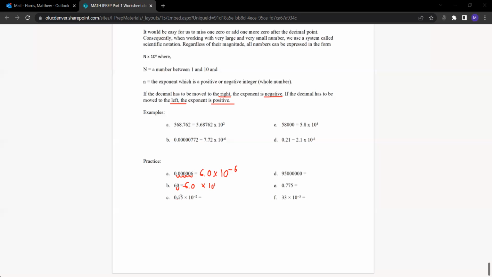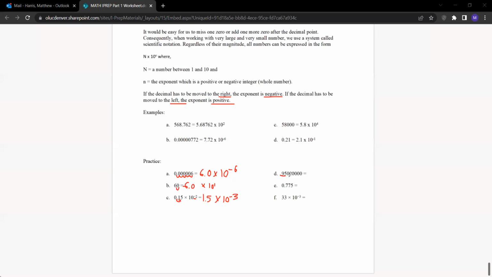So we have to move the decimal place over to the right, and if it's to the right, we know the exponent is going to be negative. So we're going to have 1.5 times 10 to the negative 3, because it's already at negative 2, and we're moving it 1 more spot. So it's from negative 2 to negative 3.